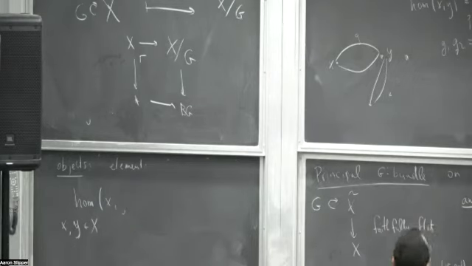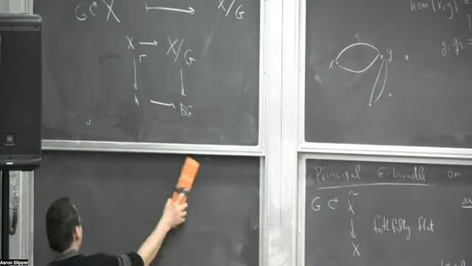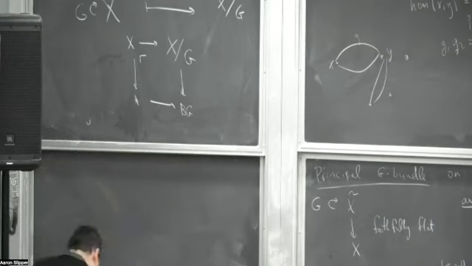I would have been happy to not include the sheaf condition, but that would contradict so much about using the word stack. And the other word I'm trying to avoid using is prestack, which would be just an arbitrary functor like this.